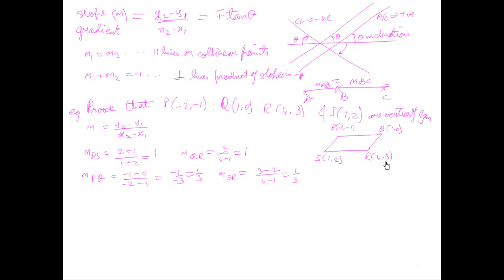But remember children, if this is y2, this is y1, y2 minus y1 upon x2 minus x1, this is x2 y2, this is x1 y1. Do not mix them up. The moment you mix them up, your answer will come wrong.